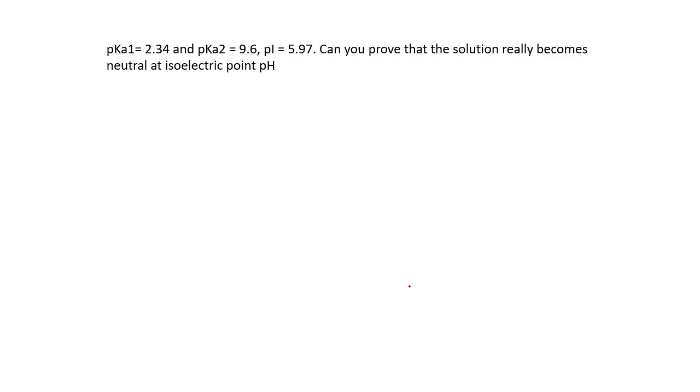The Henderson equation states that pH equals pKa plus log10 of A minus by AH, right? So let's see what it would be for glycine. This is glycine, this is NH3 plus, and this is COOH.